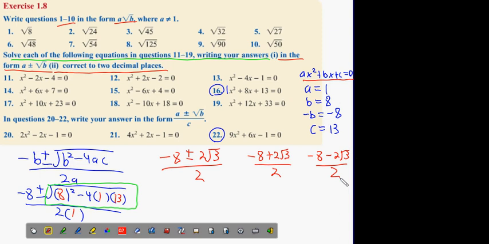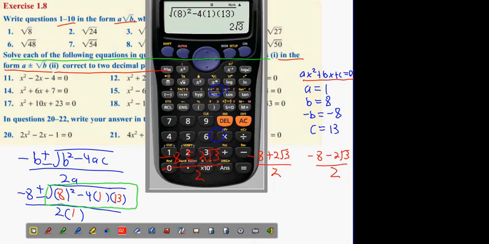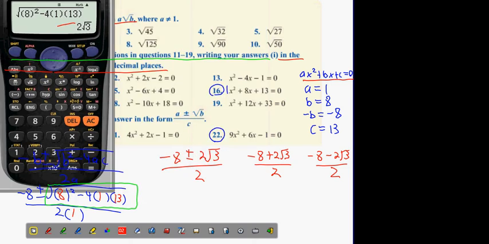I'm going to write this into the calculator on top.